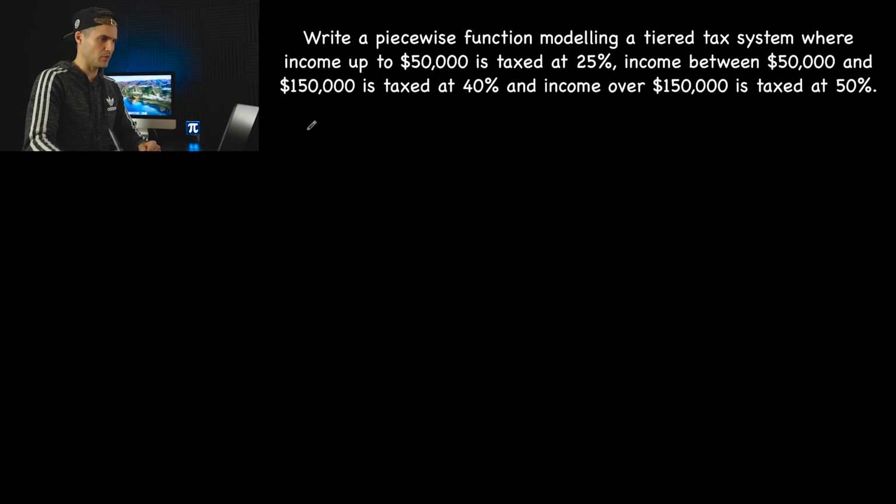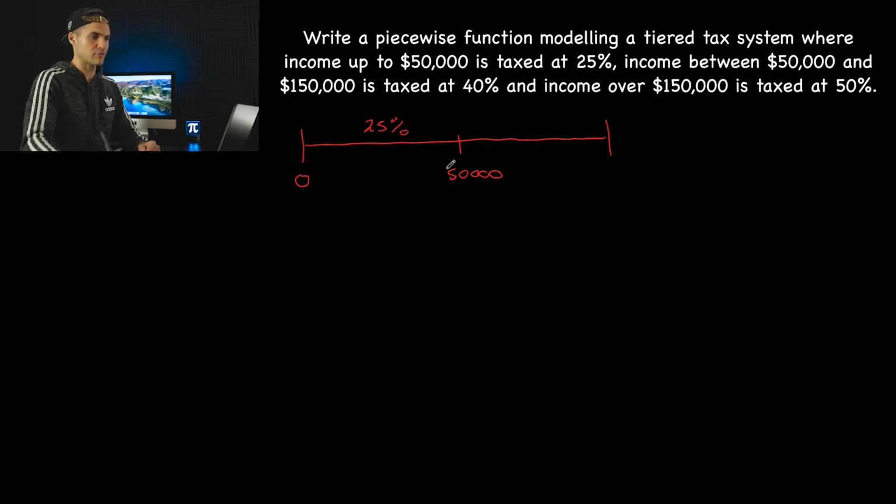Now, what I'm going to do is represent all of this in a number line. I feel like it's nice to have a visual representation like this. So income from 0 all the way to 50,000 is going to be taxed at 25%.